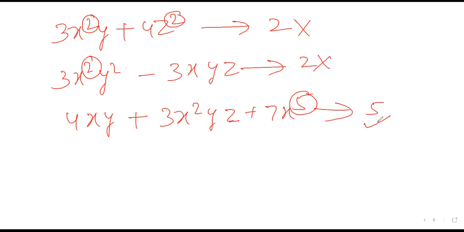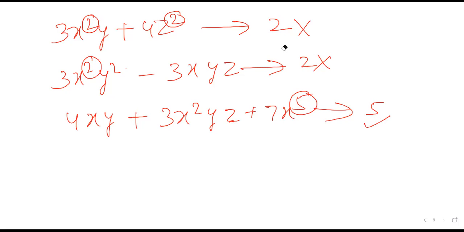Sometimes it will be correct, but not always. Sometimes the maximum power will be shown in the algebraic expression, monomial, binomial, trinomial, and sometimes it will be correct, but not always. So you have to focus on all the aspects.